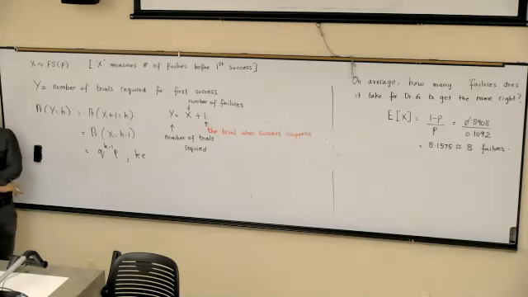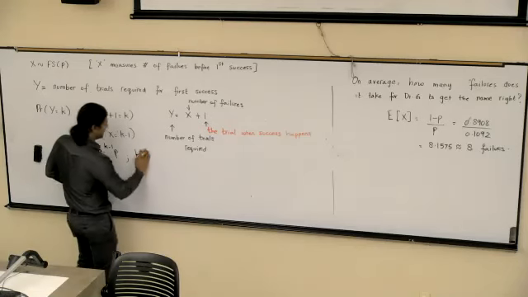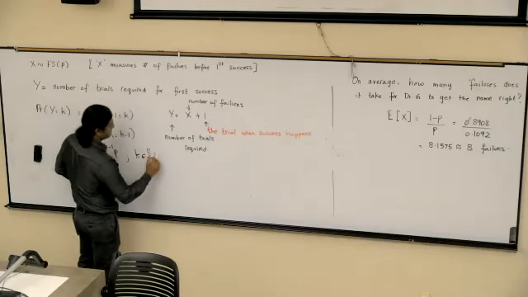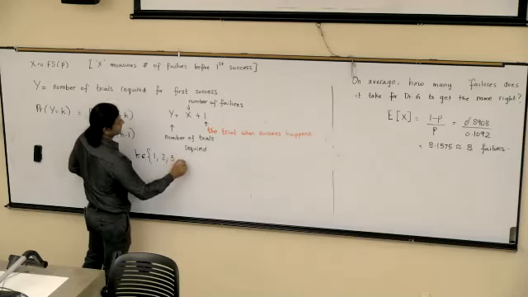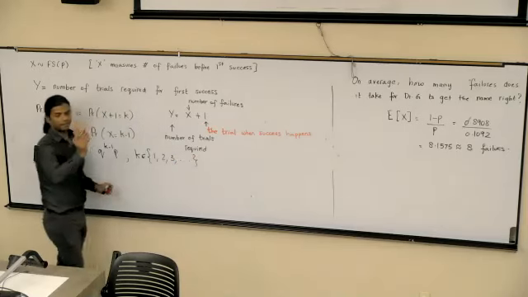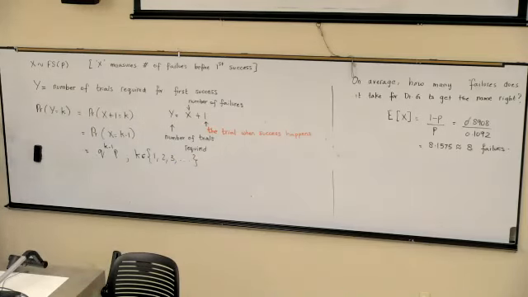If you had no trials at all, is it possible to have a failure or a success? No. At minimum, you need one trial. So 1, 2, 3, all the way up to infinity. Does that make sense? Yes? So this is geometric of type 2.